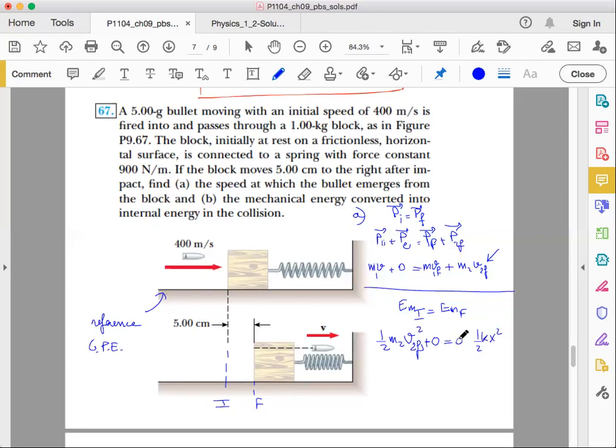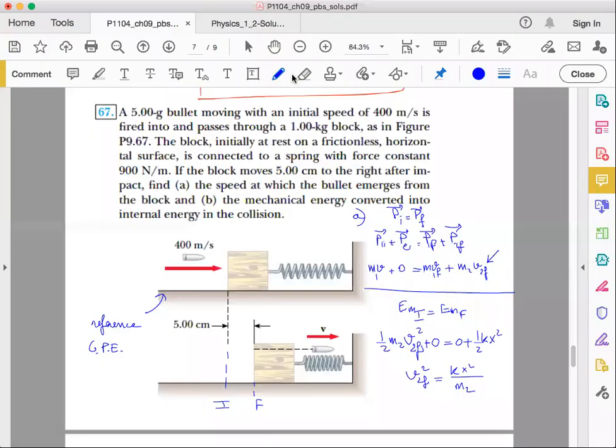And for the kinetic energy, we have it equal to 0, because in this position, the block did not move further. And so we end up with V2F squared equal to k times x squared divided by m2. So if we know the expression of V2 final, then we can put it back into this equation, and we get the expression of V1 final.